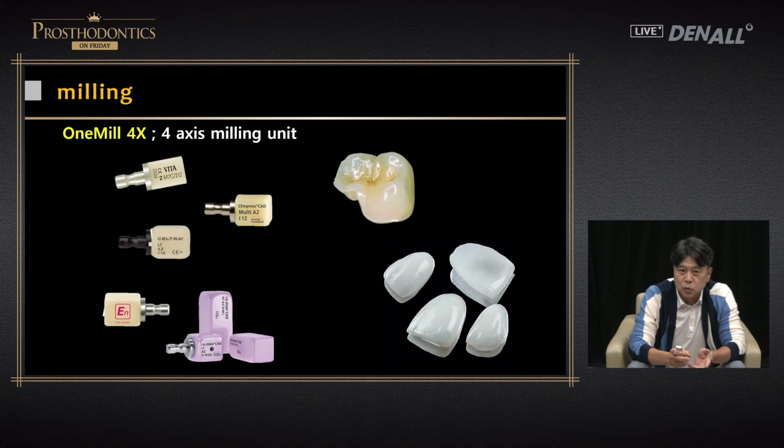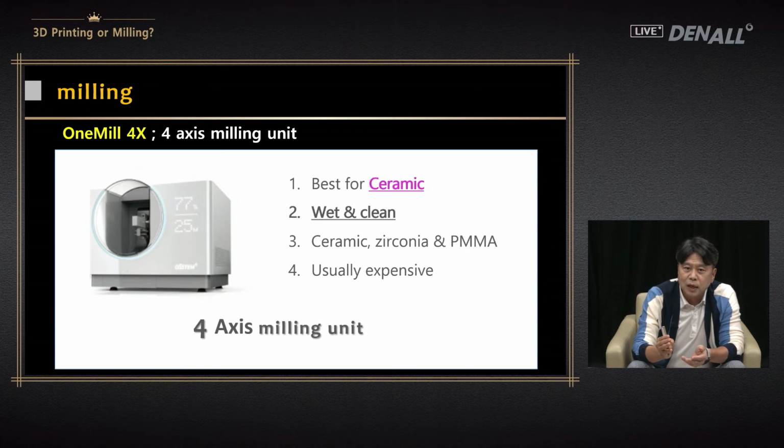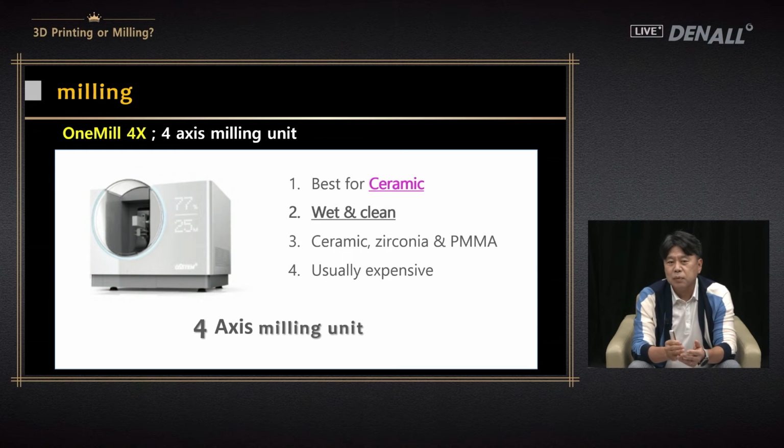Ceramic materials can be milled with this. The characteristic of 4 axes is that it is best for ceramic, and high temperature is generated, so a cooling system is required. Water spraying, the wet type, is used. Most materials can be milled, and this is specialized for ceramic milling. So ceramic, zirconia, and PMMA can be milled.